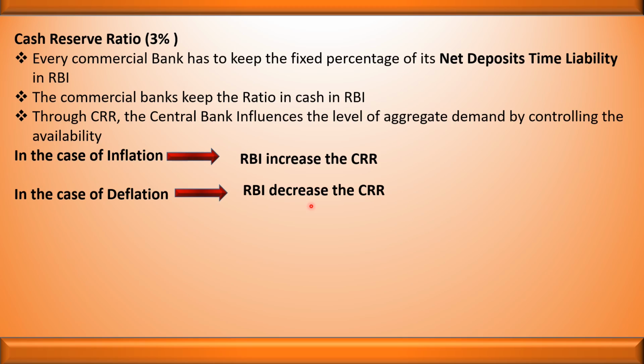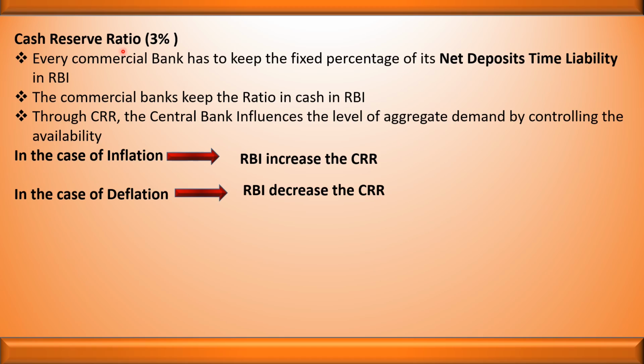So the supply of money will increase. When the supply of money increases, the purchasing power of the people will increase. They will demand more and more goods, and the demand now becomes equal to supply. So the problem of deflation will automatically be checked. In this way, through the cash reserve ratio, RBI controls the problems of inflation and deflation.